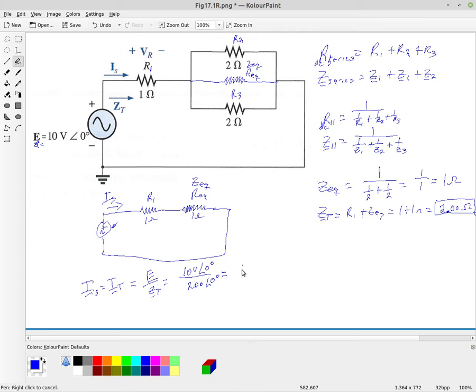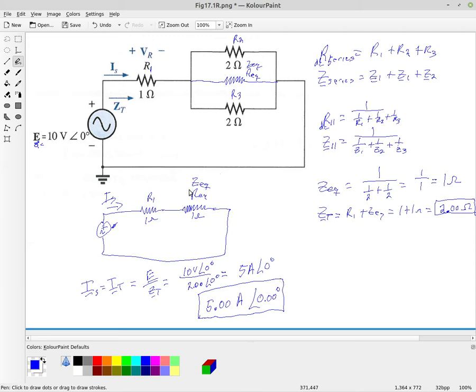That gives us 5 amperes at an angle of 0 degrees. If we're going to put this into Blackboard, it has to be 5.00 amperes at an angle of 0.00 degrees. That gives us our three significant digits: 5.00 is three digits, and 0.00 is three digits.